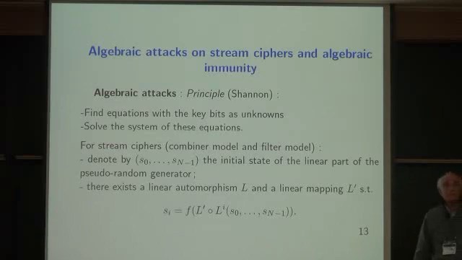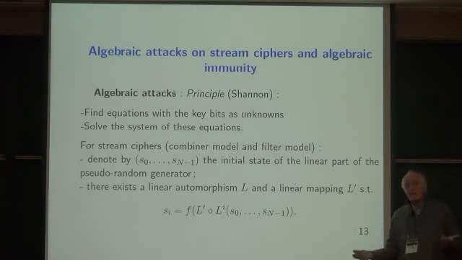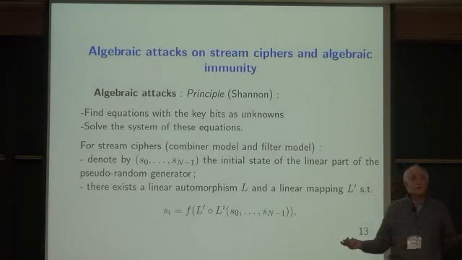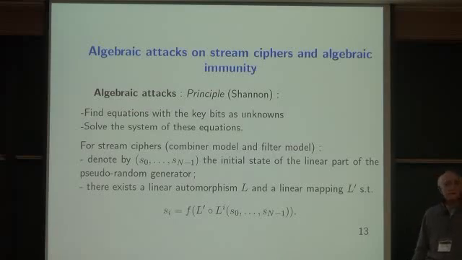The idea is very simple. You have a crypto system. You can translate any specification of the system into equations, equations whose unknowns are, for instance, the key bits. And if you can solve the system, you find the key bits, so you've broken the system.